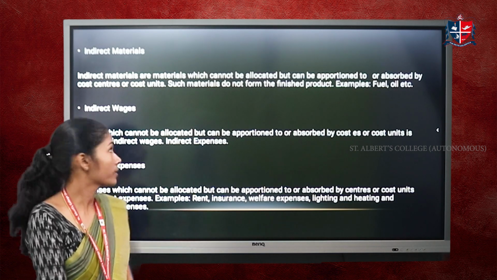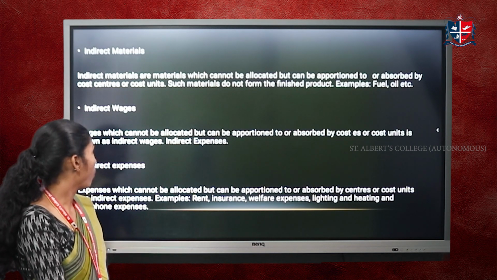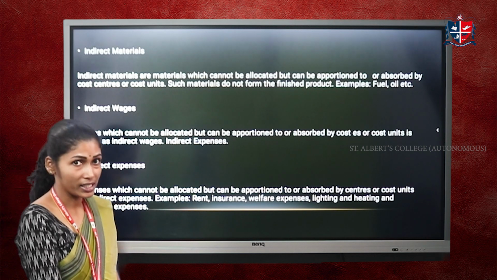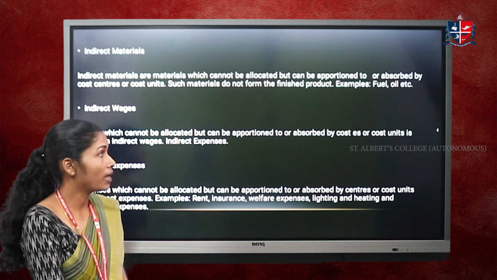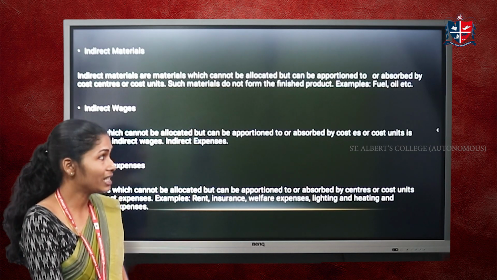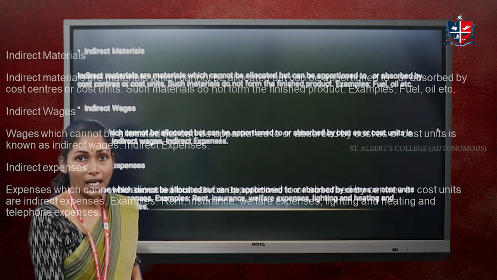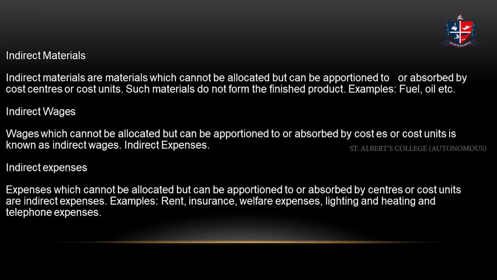And the second one is indirect wages. Wages which cannot be allocated but can be apportioned and absorbed by the cost center or cost unit are known as indirect wages. The best example is sweeper salary. And the third one is indirect expenses.